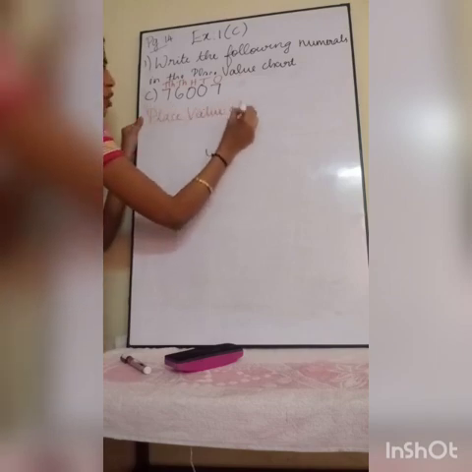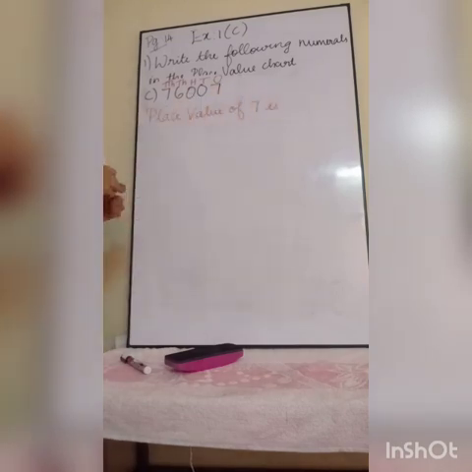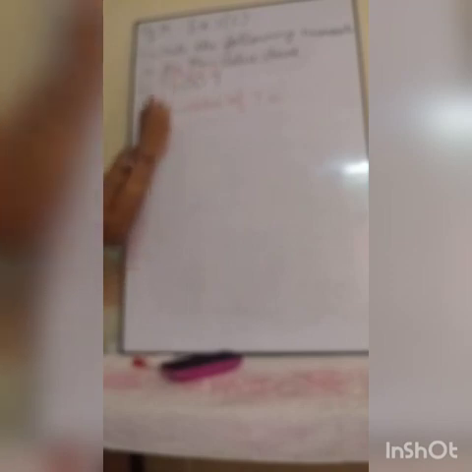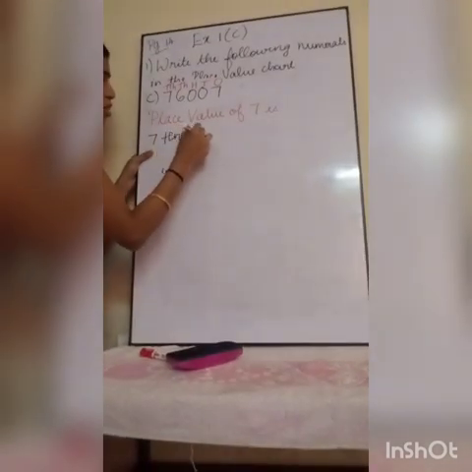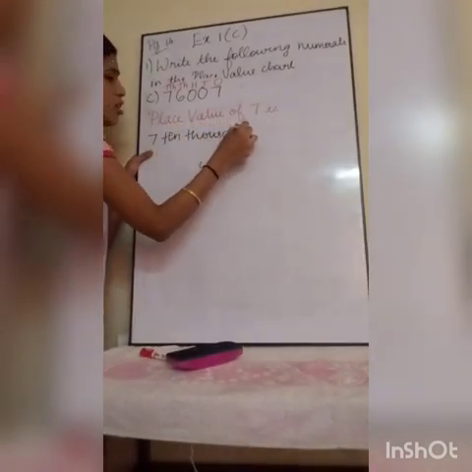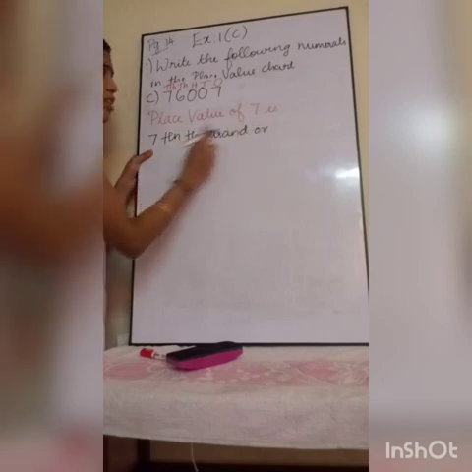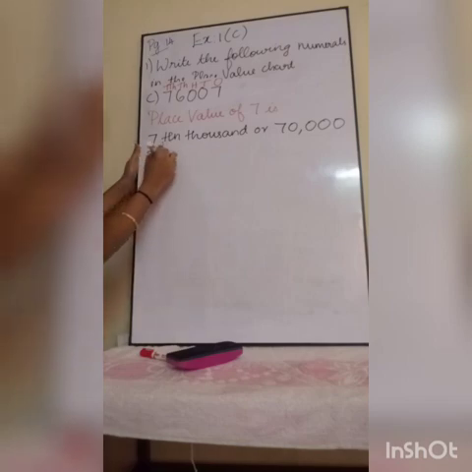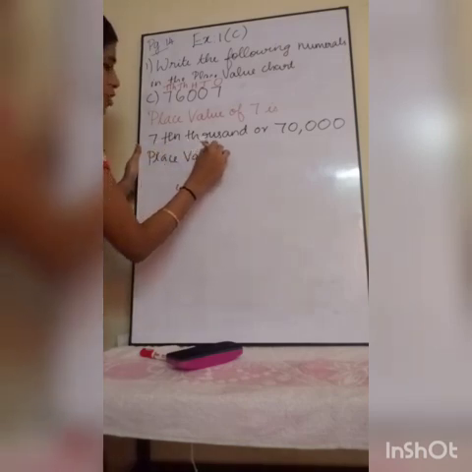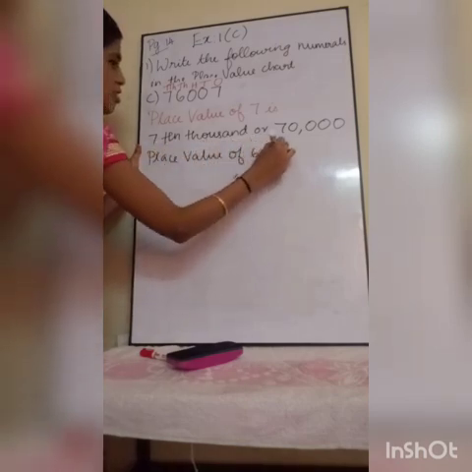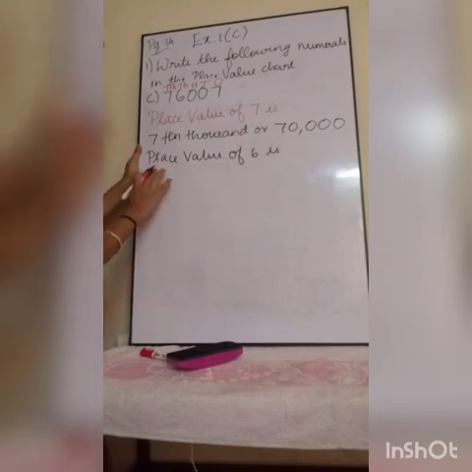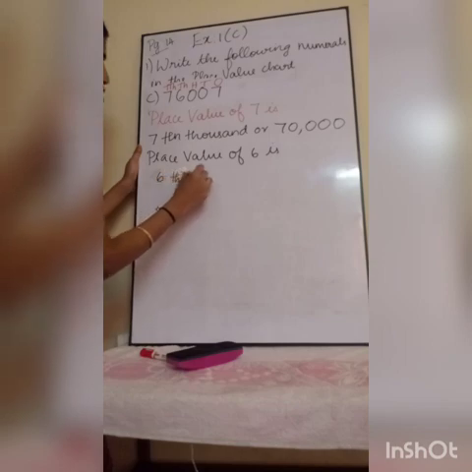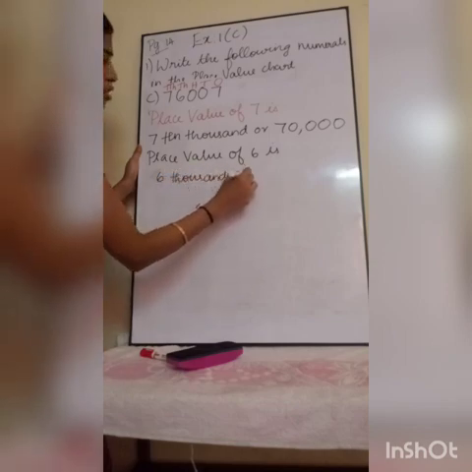What is the place value of 7? 7 10,000s, or 7 into 10,000, 70,000. Next, place value of 6 is 6,000.